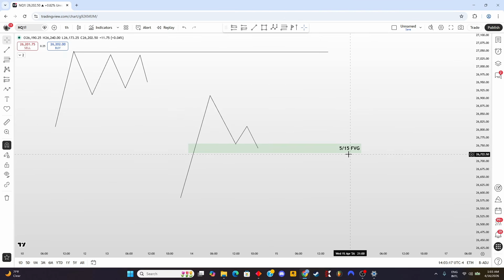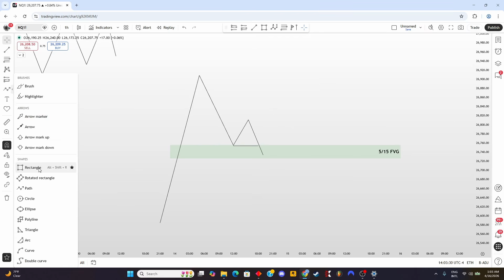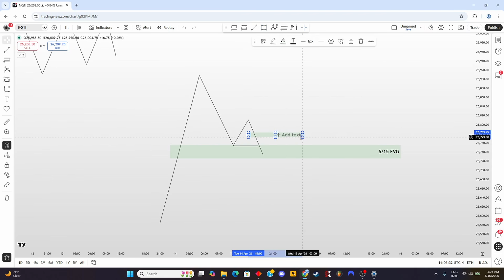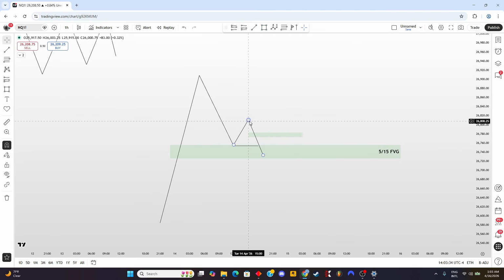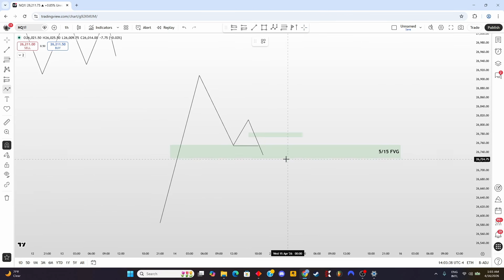So price taps into a fair value gap, right? We have some liquidity sweep, could be a little low, it doesn't matter, right? And then what you want to do on the 1 minute time frame is mark out a fair value gap like this in this leg, right? From this high to this low. And you're looking for inversion to the upside, an inverse fair value gap, okay?